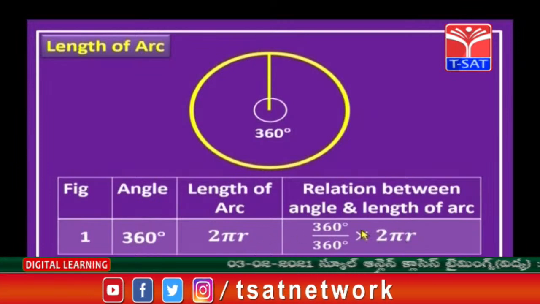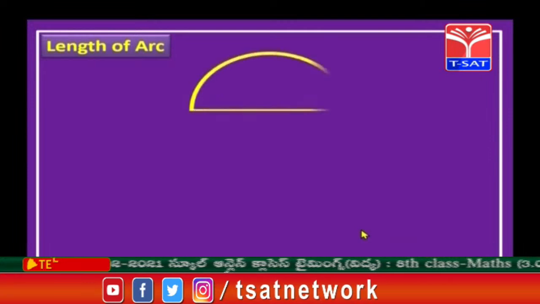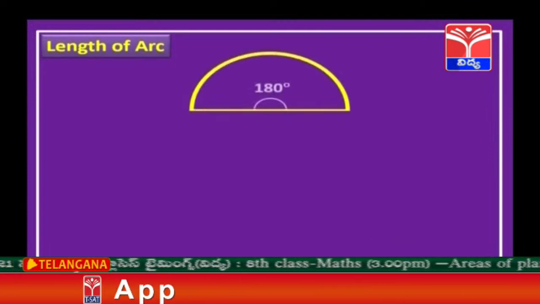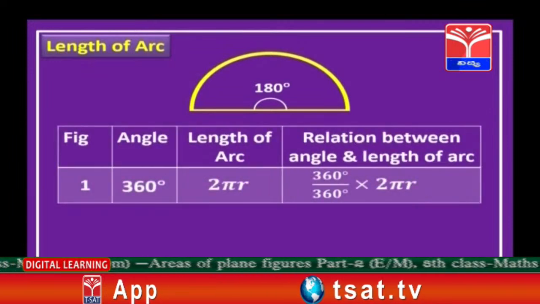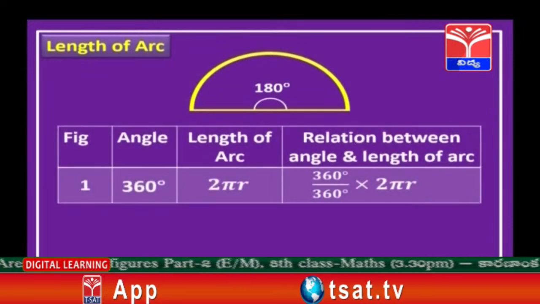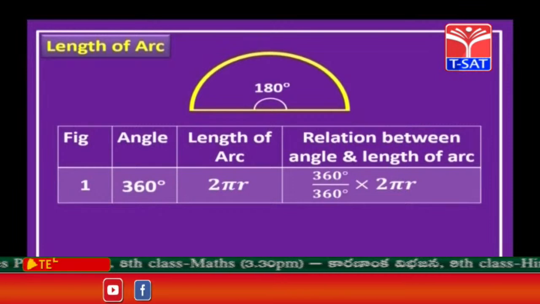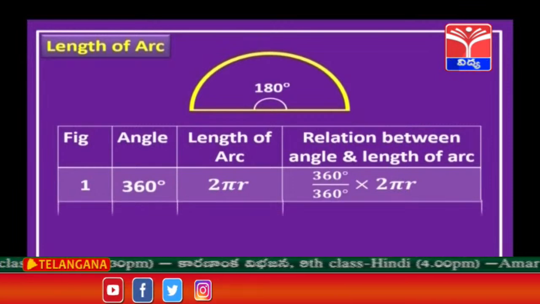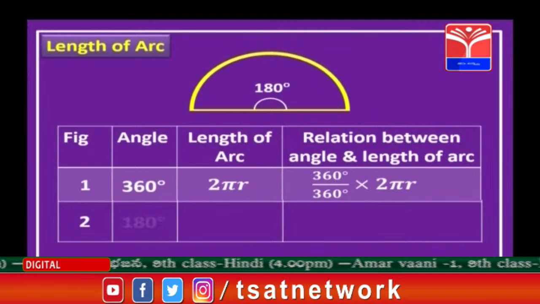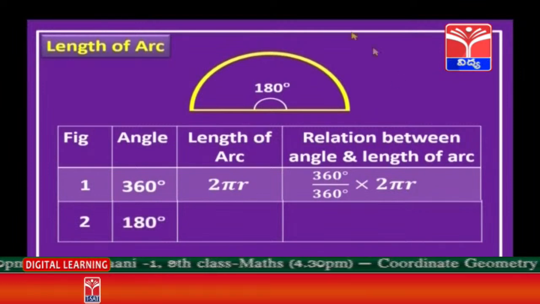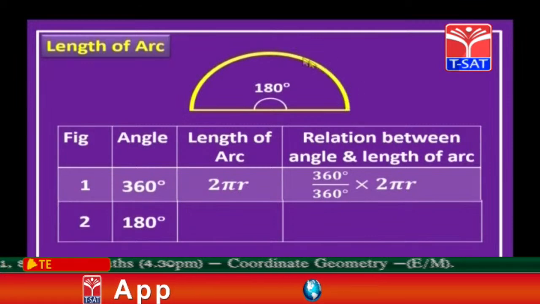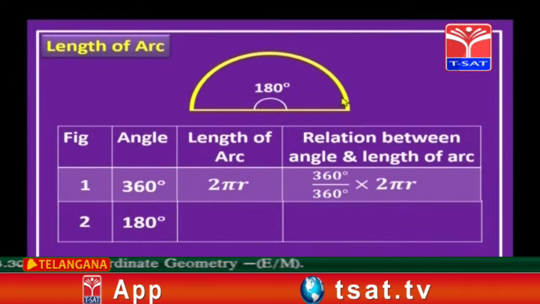Now let us see the second case, wherein I am going to have only half the circle. What is half the circle, children? Yes, a semicircle. So here, what is the angle subtended by this semicircle at the center, children? Yes, it is 180 degrees. Since it is a semicircle, what is this arc, children? Yes, this will become half of the circumference.